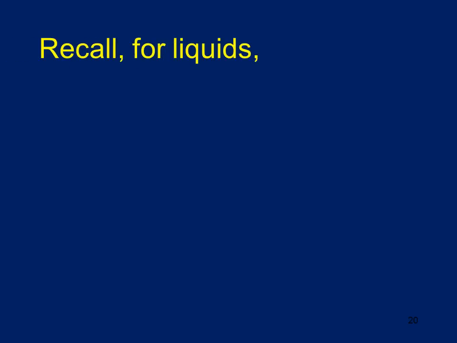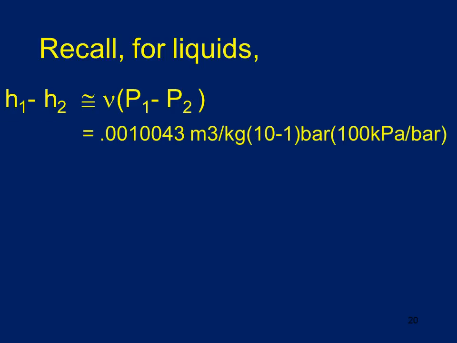And recall that for liquids, we had that delta H is equal to V delta P, assuming that the temperature isn't changing. And the temperature won't be changing much in these liquid turbines. So we'll take that 0.001 times delta P. I have it in bars here, so you've got to be careful in order to compare this to our other result, which was kilojoules per kilogram.